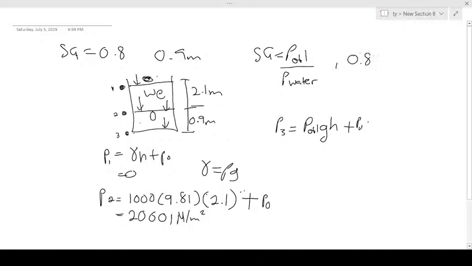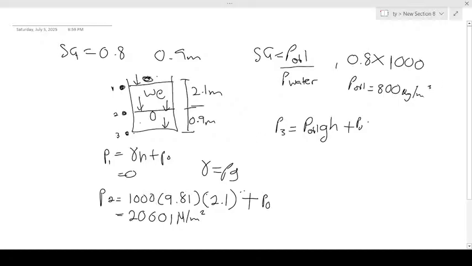So we can now find the density of oil, which is equal to 0.8 times the density of water, which is 1000. So the density of oil is 800 kilograms per meter cube.